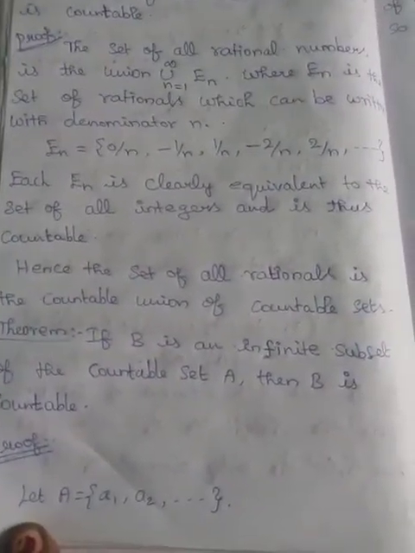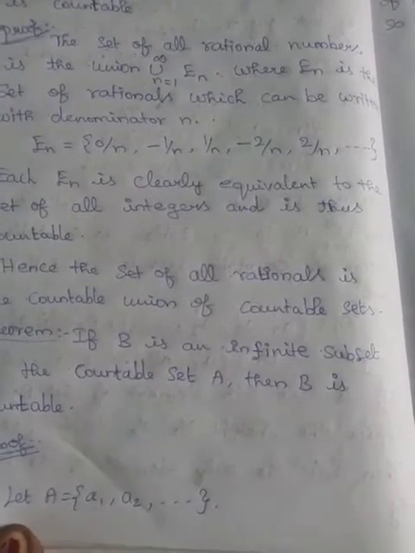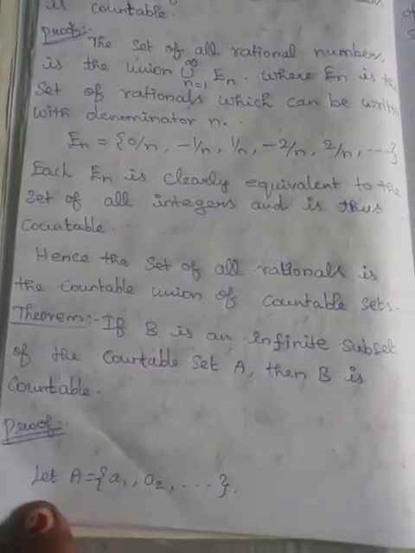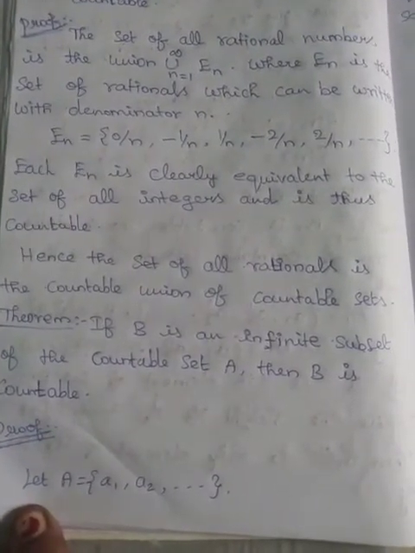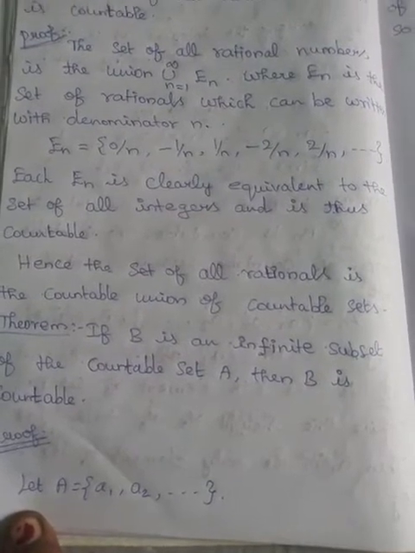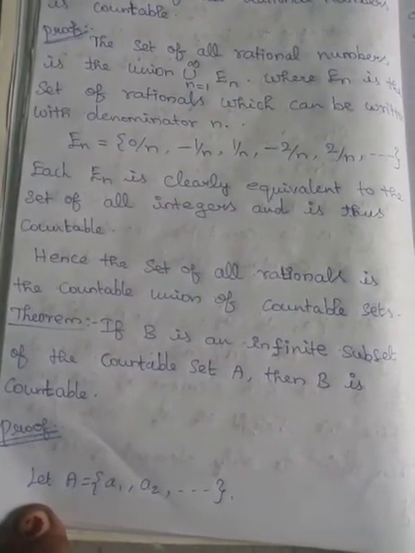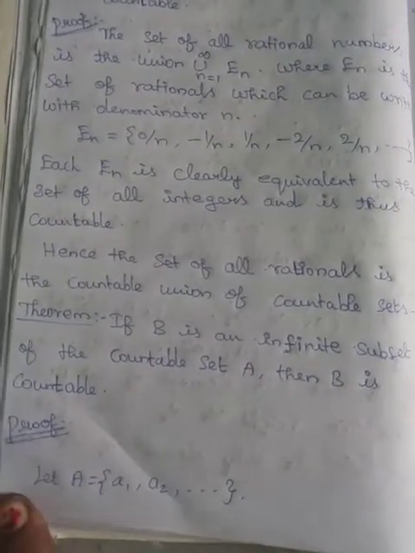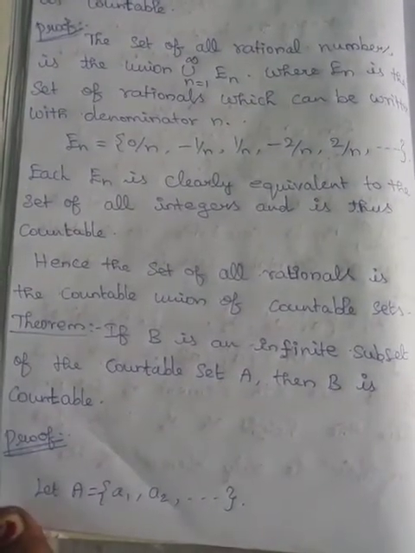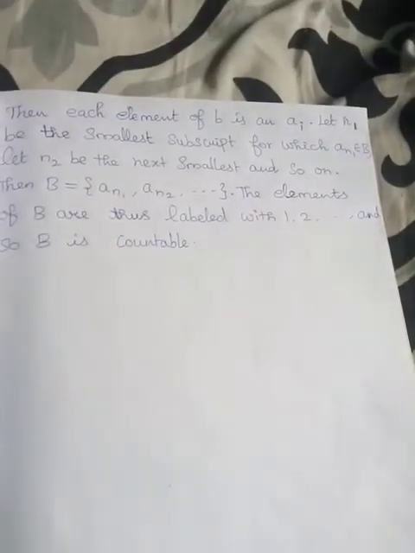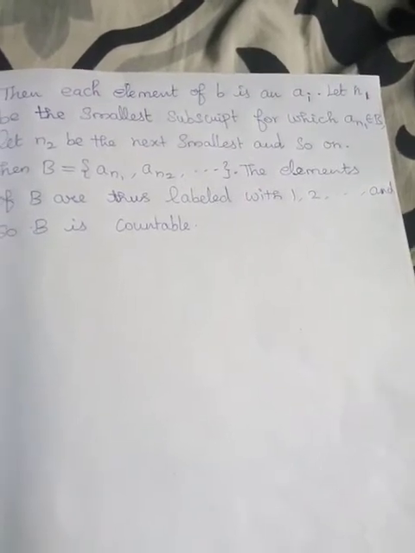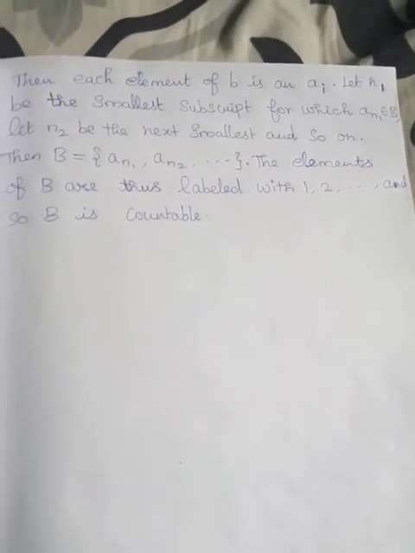If B is an infinite subset of the countable set A, then B is countable. Proof: let A equal to a1, a2, etc. Then each element of B is an ai.